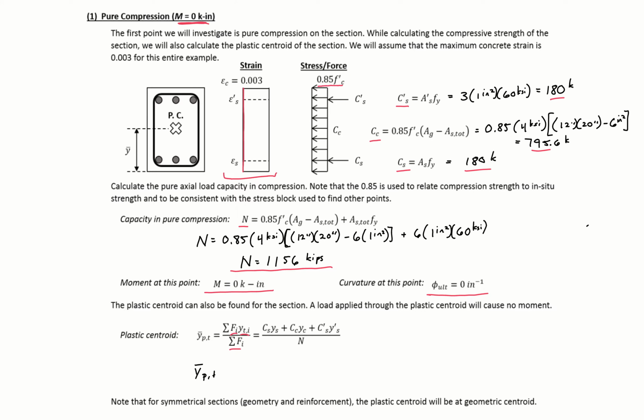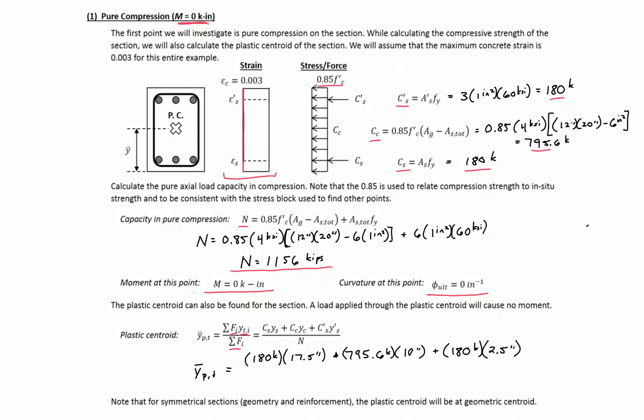So we'll have 180 kips times 17.5 inches, our lever arm from the top to the center of our bottom steel, plus 795.6 kips times 10 inches, the depth from the top to the center of our rectangular cross section, plus 180 times 2.5 inches.